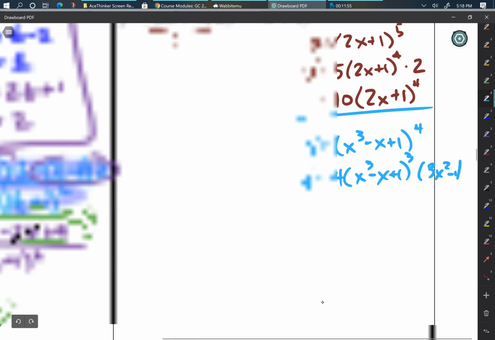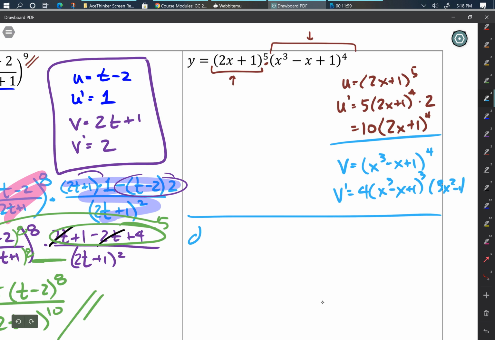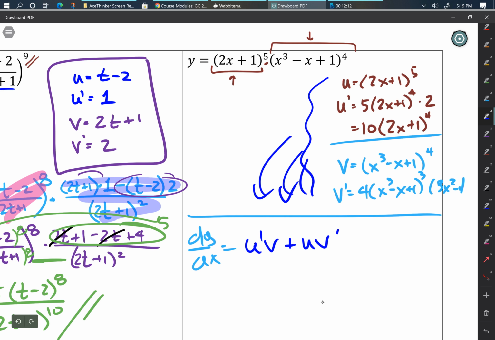And then I got to use the product rule to put that all together. And so then I know that dy dx, according to the product rule, is going to be u prime v plus u v prime. And I got to use these pieces over here to fill in all that.